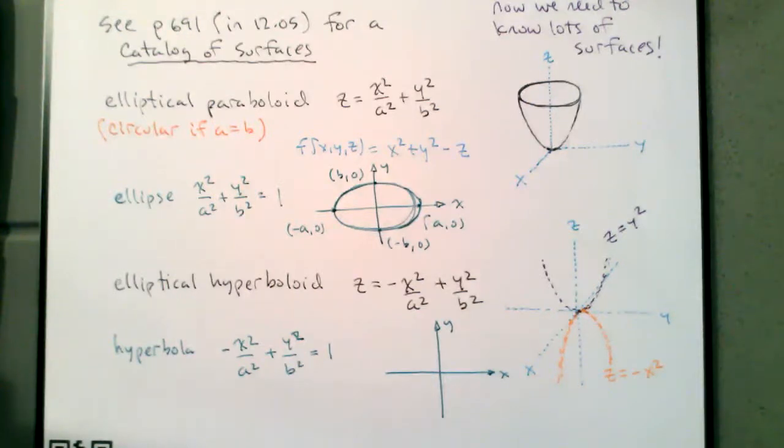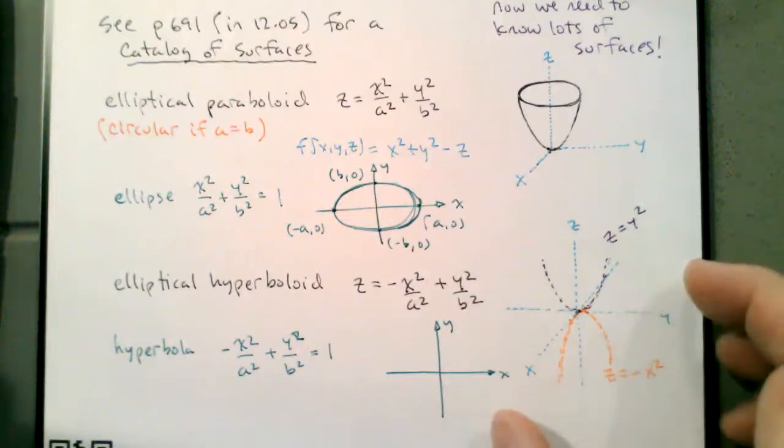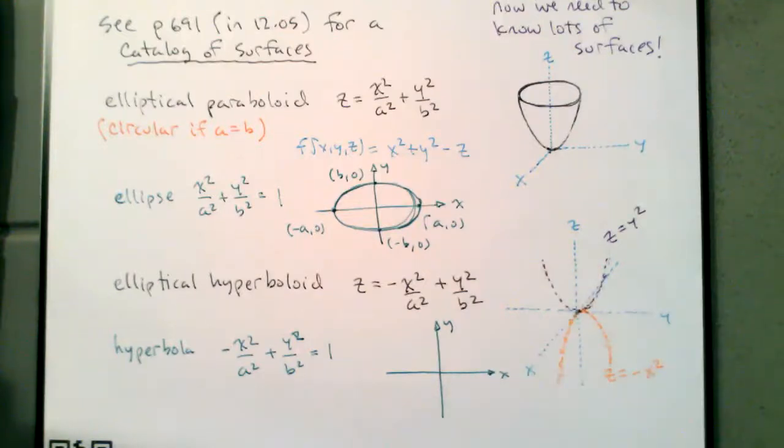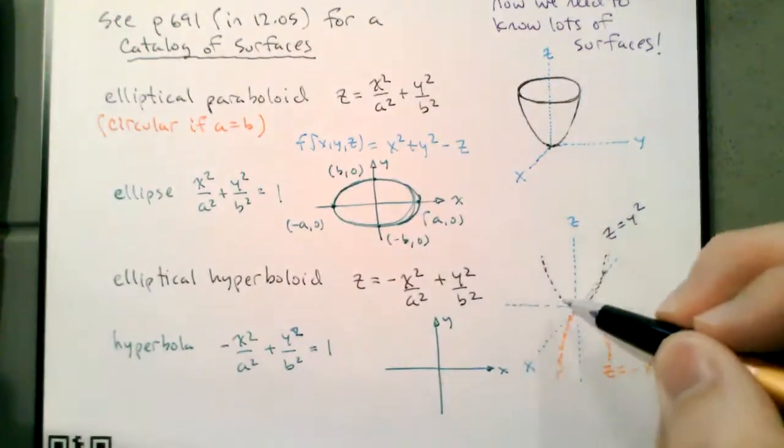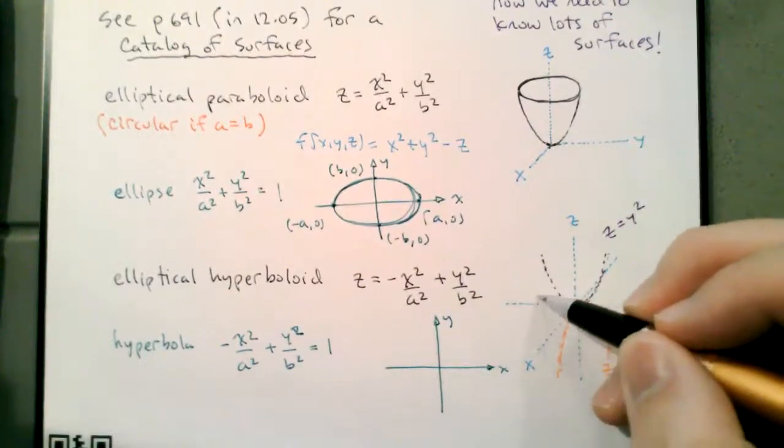Any questions? So if A is 4 and B is 2, then you are correct. It's going to be wider. The parabola will be wider in one direction, and we'll have a skinny one up above. I hesitate to draw the whole thing, but at each point along this z equals y squared, I'm going to be drawing another parabola going down.